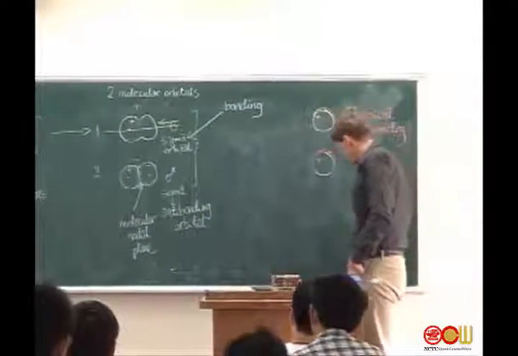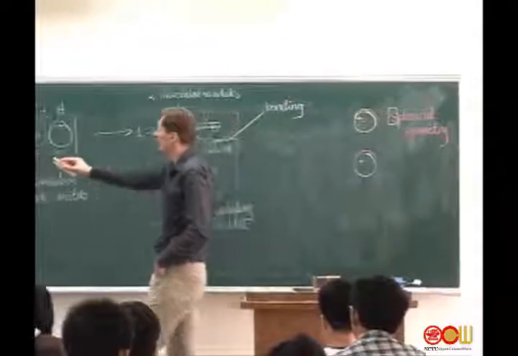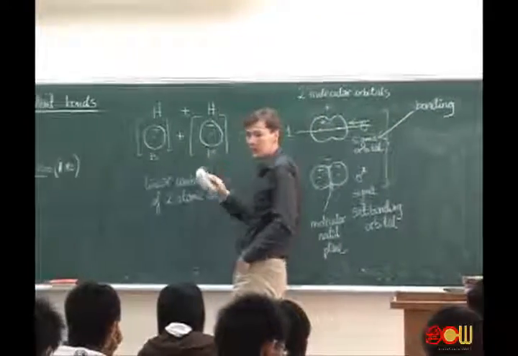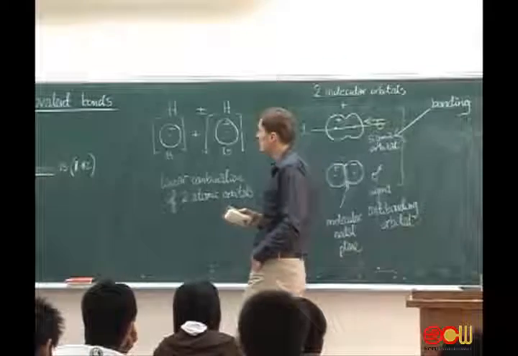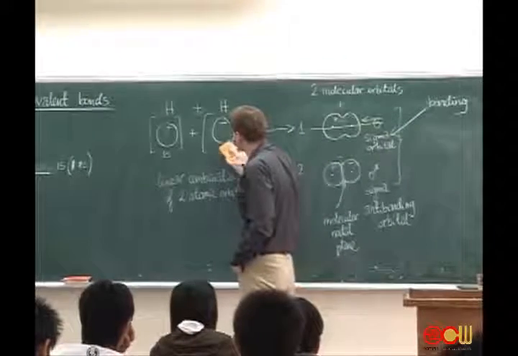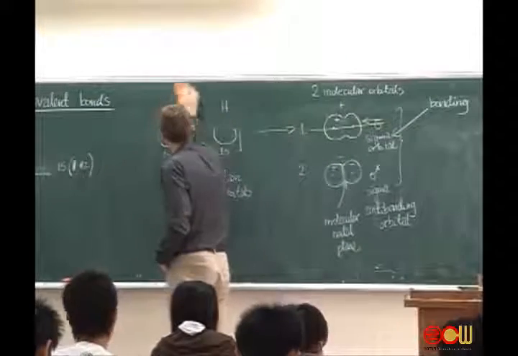Okay, let's go further. We analyzed what happens if one S reacts with one S. Let's go further and see what happens if the other orbitals are reacting with each other.